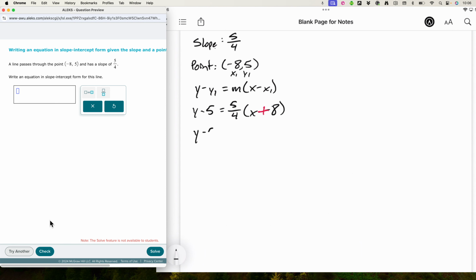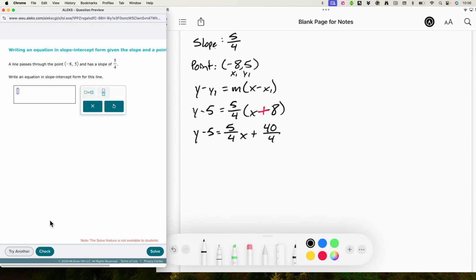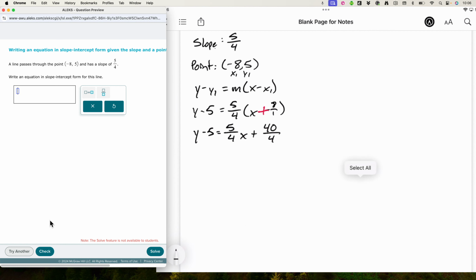We have y minus 5 is equal to 5/4x plus 5 times 8 is 40/4. And some people thought that it was easier to see what was going on there if I was to change that 8 to be an 8/1. Because 5 times 8 is 40, 4 times 1 is 4. Actually, what I would do first is I would simplify that on the right.